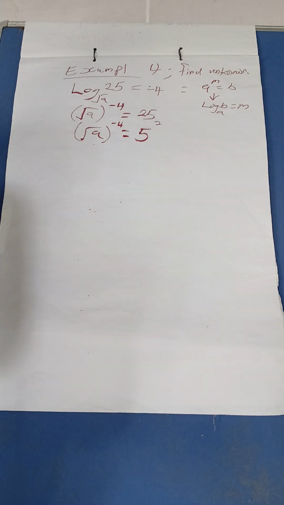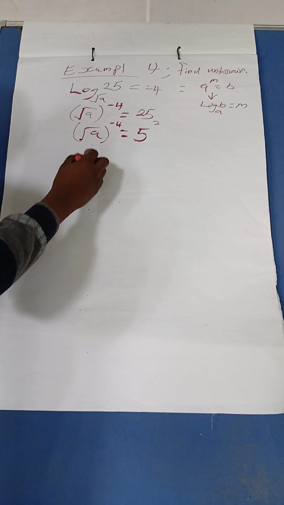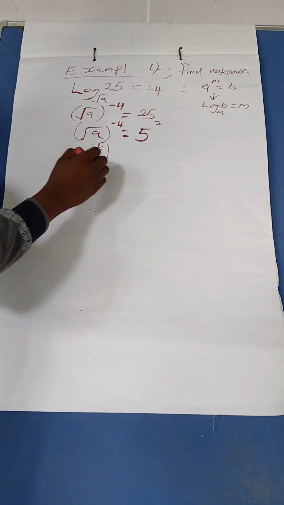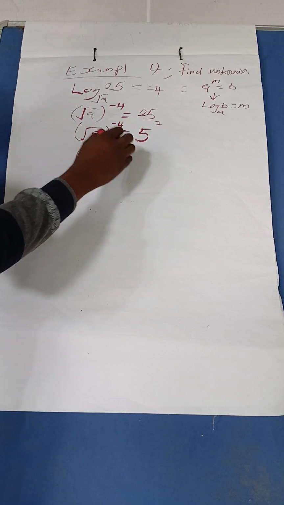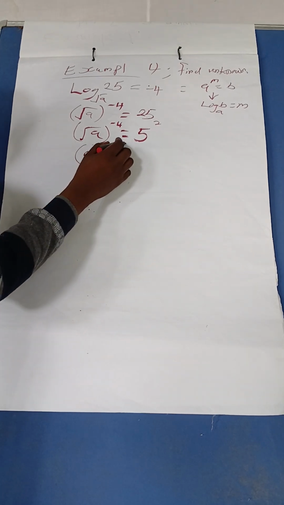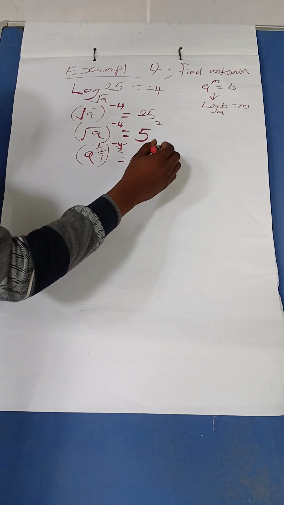Learners, we realize the square root of a is the same as a power a half. So it is a power half, in bracket, outside we have negative 4. When we solve this further, half times negative 4, the answer here will be a power negative 2.